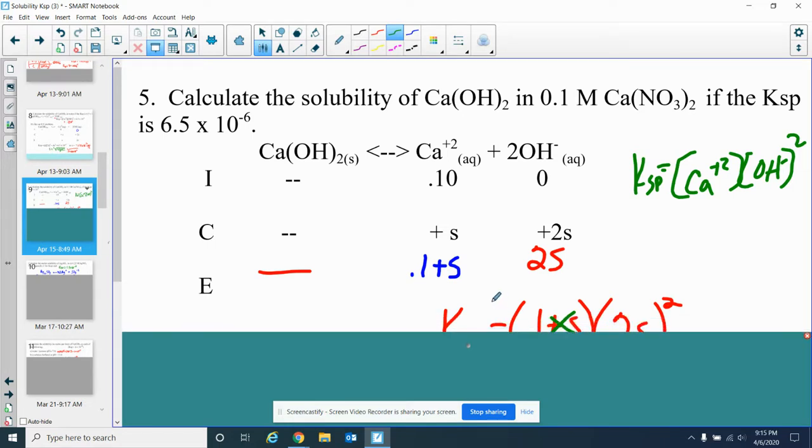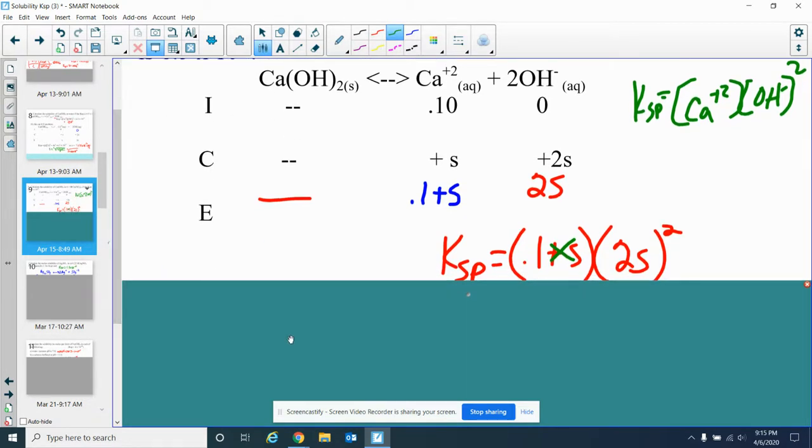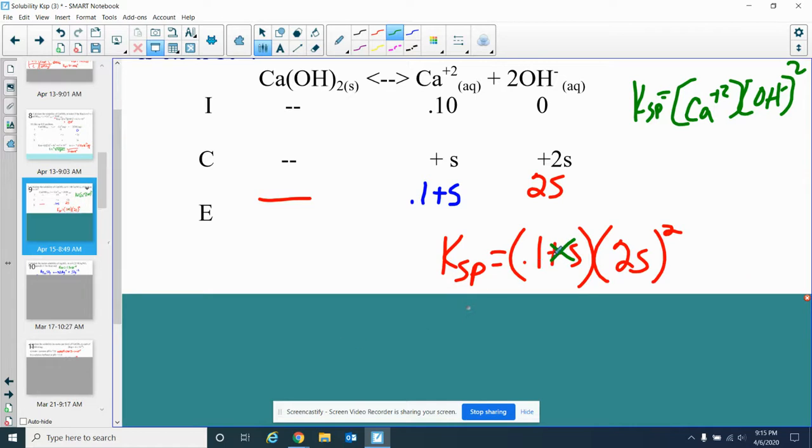When we look at that 0.1, we are going to, again, make the assumption that that S is going to be a lot smaller than 0.1. So to make our calculations much easier, we're going to ignore the plus S from the 0.1, like we've done before in ICE problems, and we'll just call it 0.1 instead of 0.1 plus S. And then we plug in 2S for the OH minus, and that has to be squared.